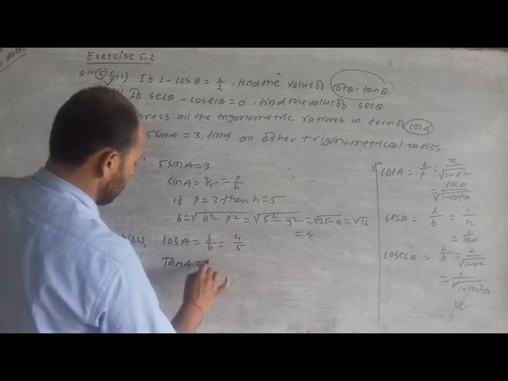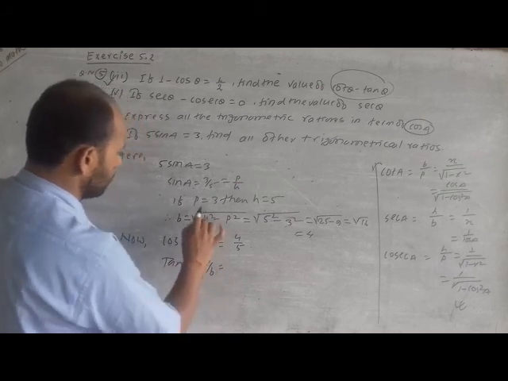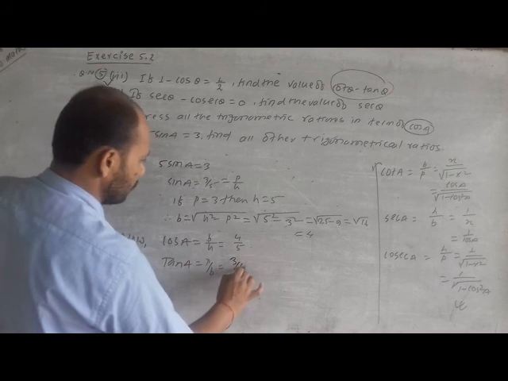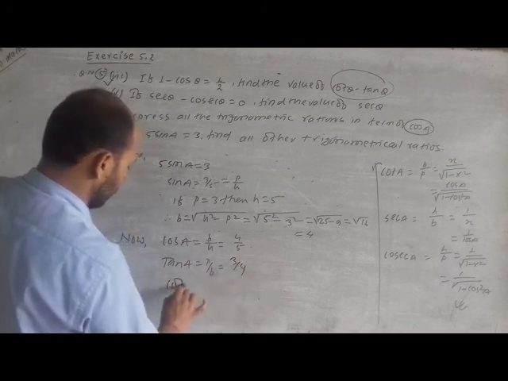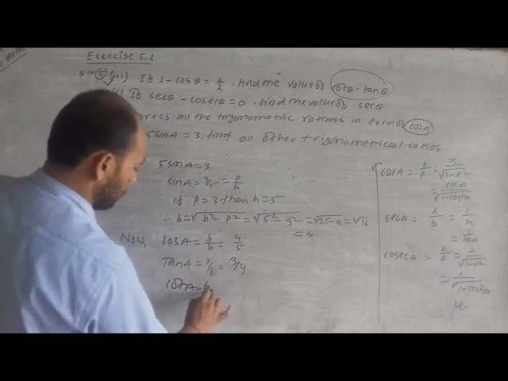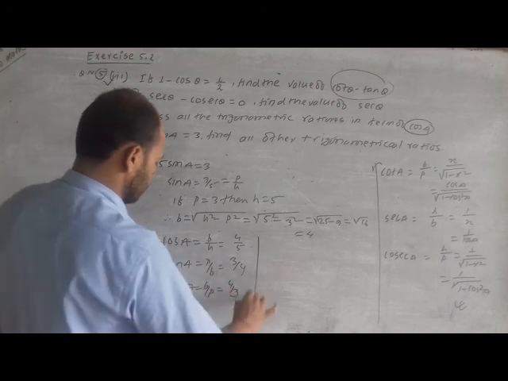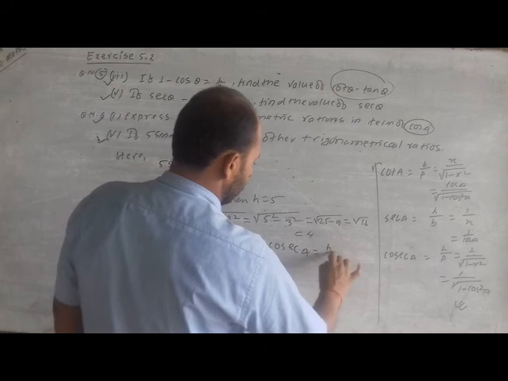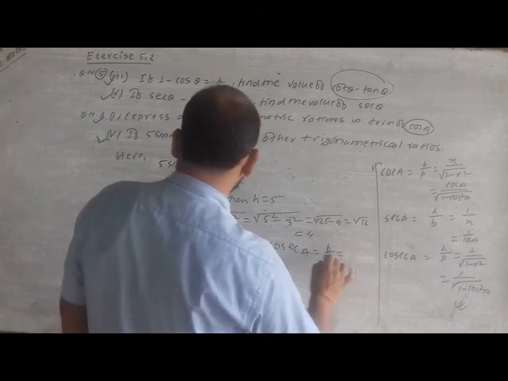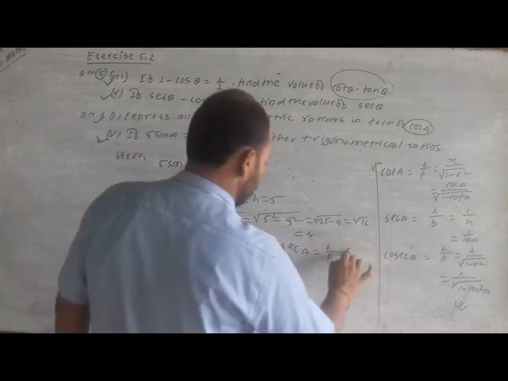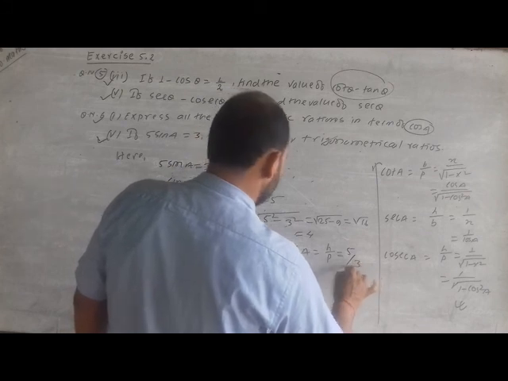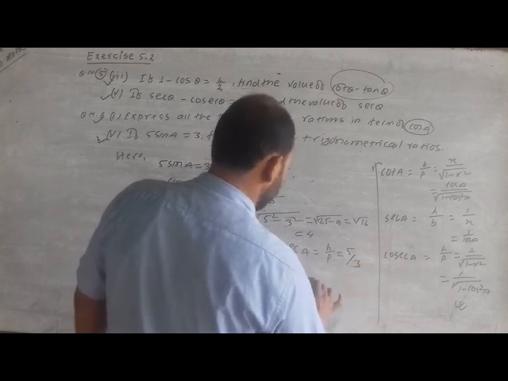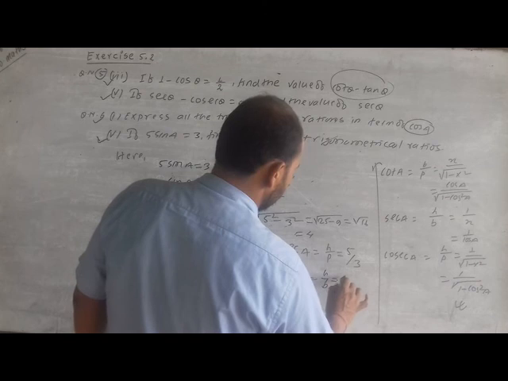Tan A is p by b, so p is equal to 3, b is equal to 4. Cot A is b by p, so 4 by 3. Cosec A is h by p, so what does h represent? 5, and p represents 3. Sec A is h by b, what does h represent? 5 by 4.